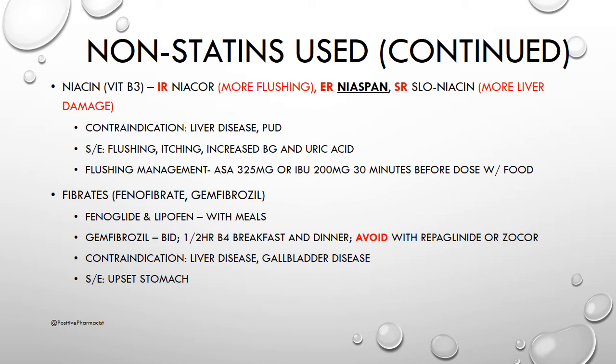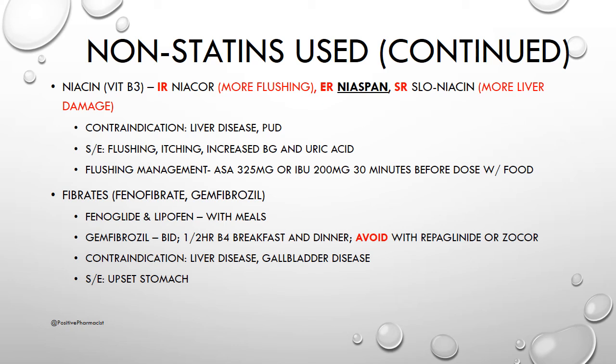The reason being that the immediate release has a lot of flushing that happens with it, while the sustained or controlled release has a lot of liver damage that happens with it. But with the extended release niacin, it was found that it didn't have the issues that the other two formulations have as much. So it was a little less with the niacin. So that's the most recommended one in terms of niacin.